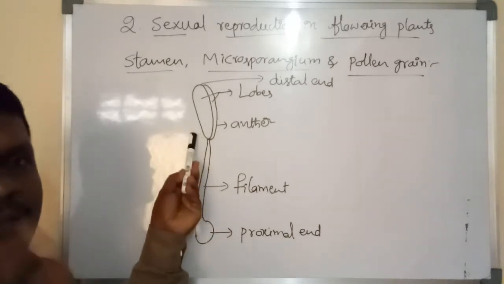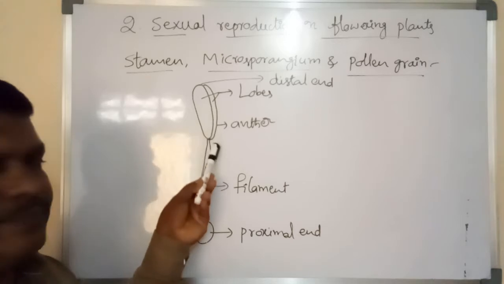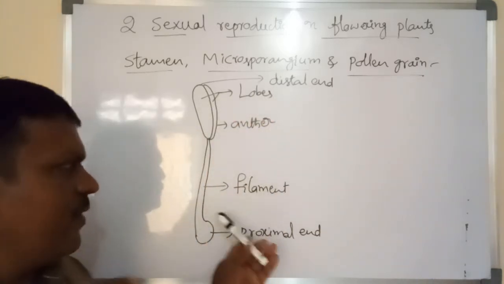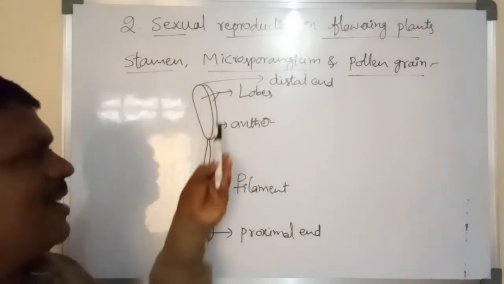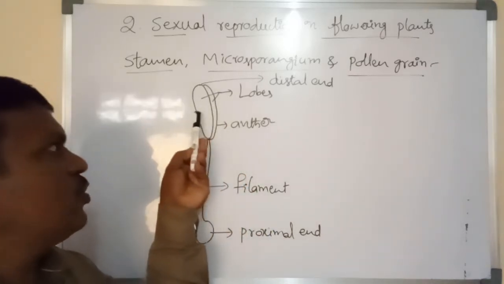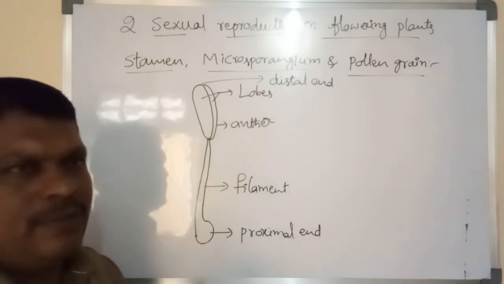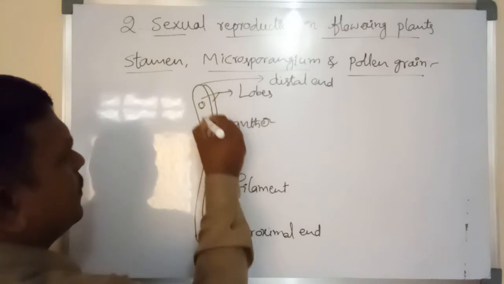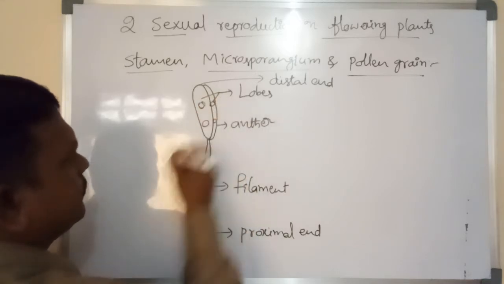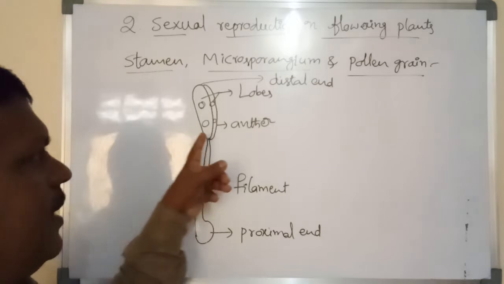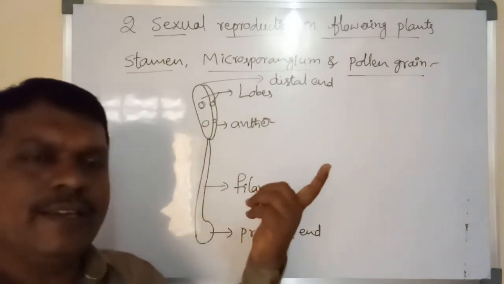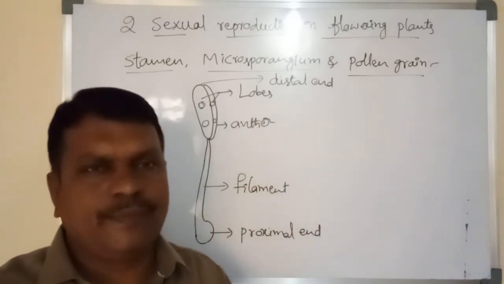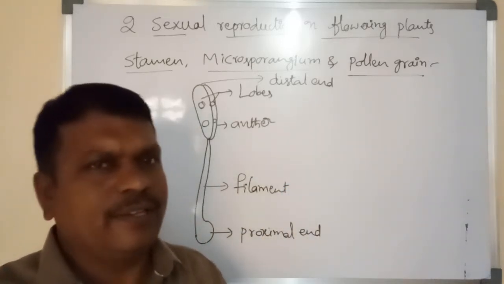Next, the filament ends with the anther. Anther is the distal end. Distal means far away. Each anther has two lobes. First lobe, second lobe. Each lobe has two theca. Hence, the anther is said to be dithecous, bilobed and tetrathecous.